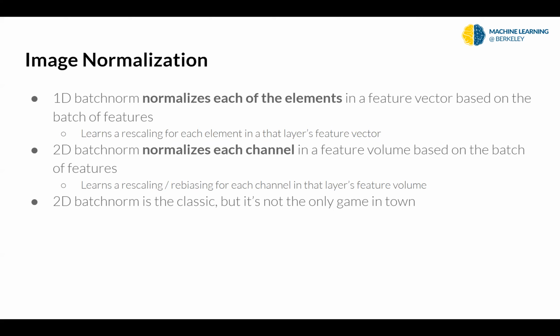It normalizes each channel based on the batch of features, so it learns a rescaling for each channel. That usually helps because sometimes different channels are used for different purposes, and keeping these channels separate helps with that.